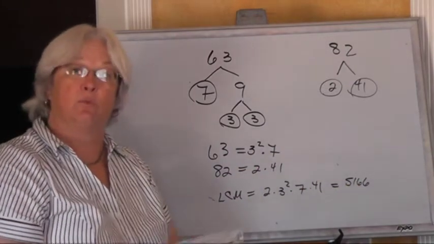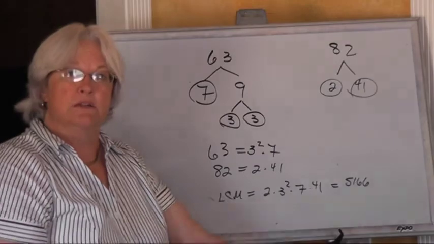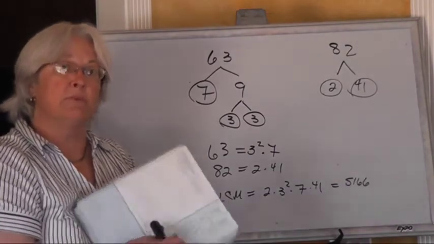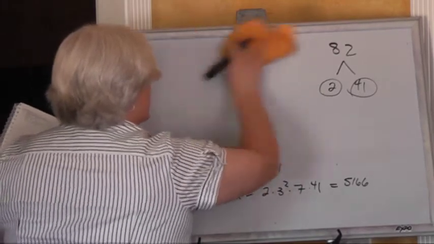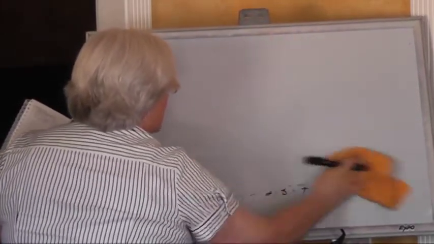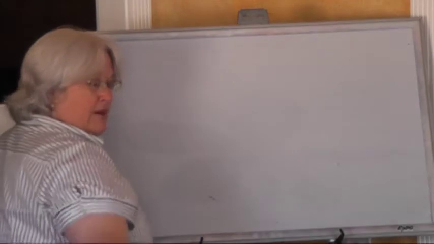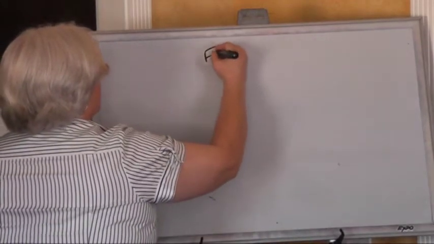And that's all that you have to worry about for least common multiple, except I want to do one last thing. I wrote out for you these steps to follow when you're finding the greatest common factor. Let me write out the steps for finding the least common multiple.